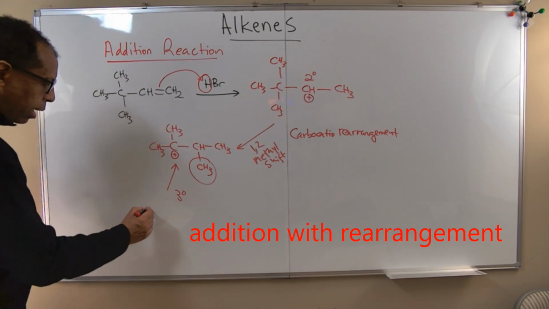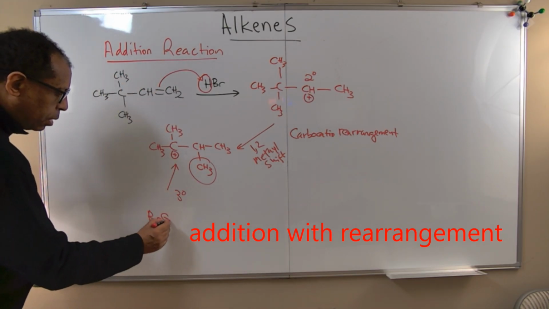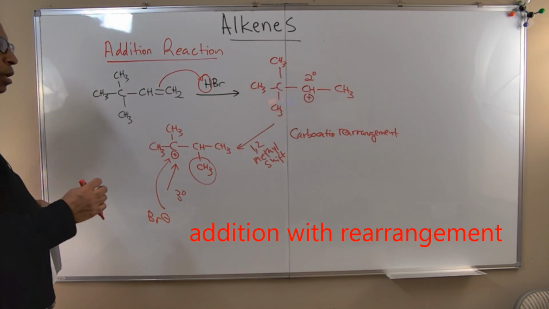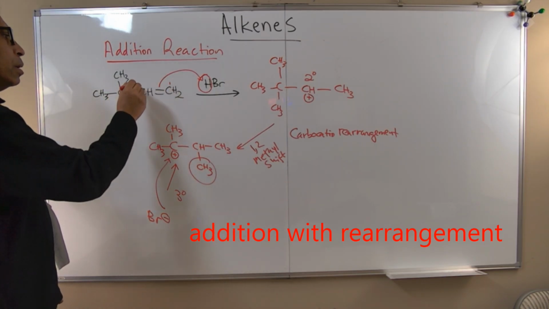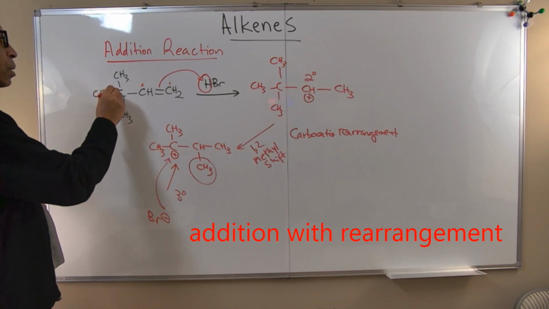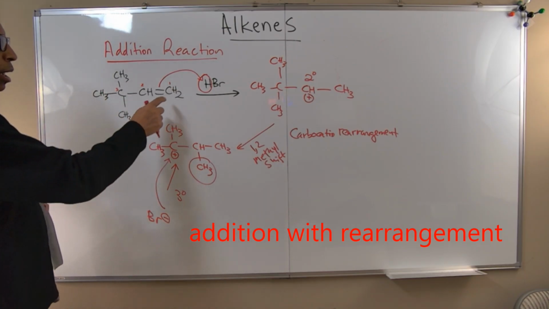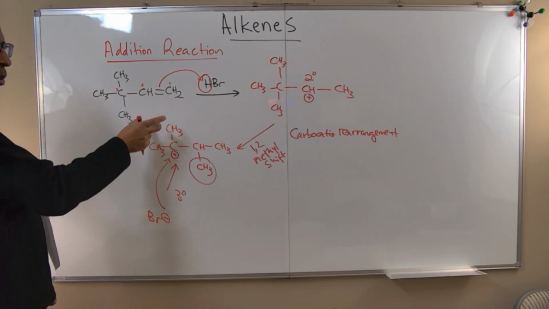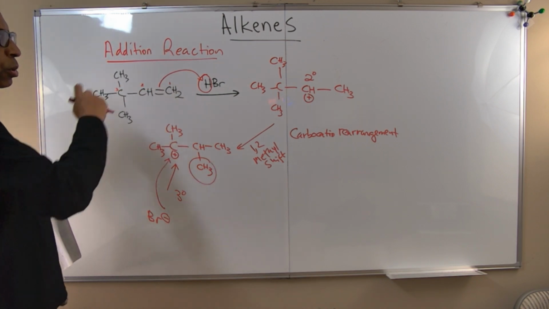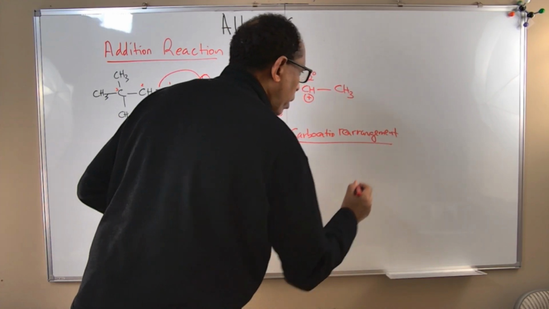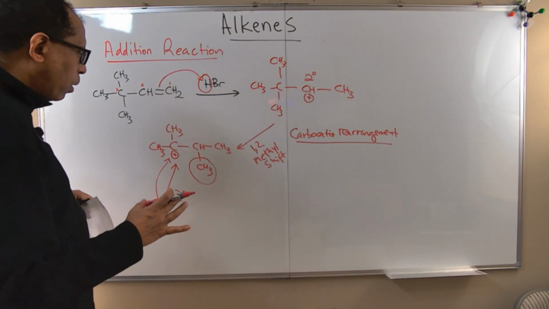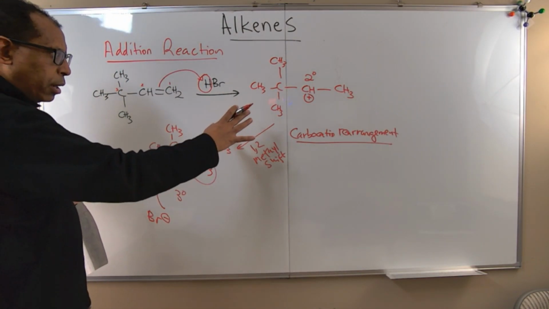Now the bromine attacks on this carbon. So the addition, apparently this was carbon 1, 2, 3. You would expect H and Br here, according to the addition reaction over alkenes, but there is one more factor as well once the carbocation is formed, which is rearrangement.